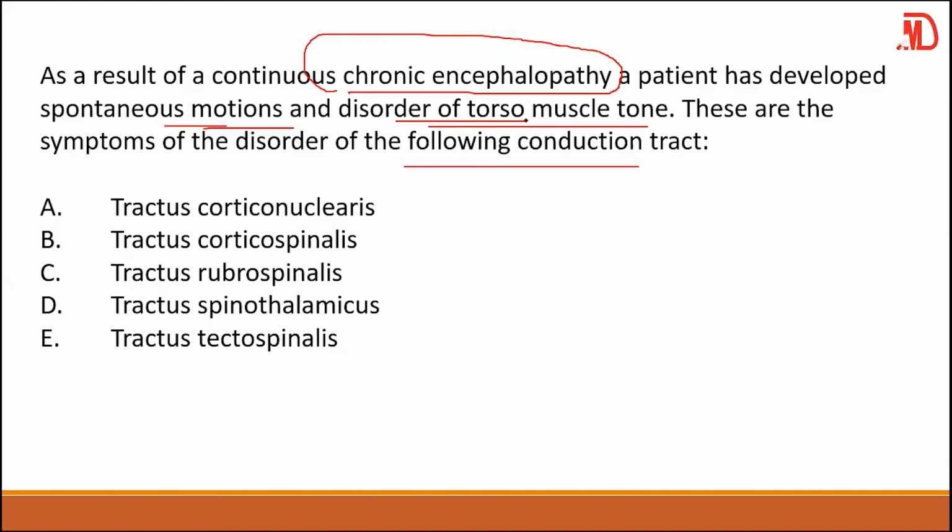And so therefore, we call it rubrospinal tract. And this is a descending pathway which originates in the red nucleus, and it descends into the spinal cord. And again, it connects with the cerebellum. And this is somewhere around the midbrain. So please take note of these things.